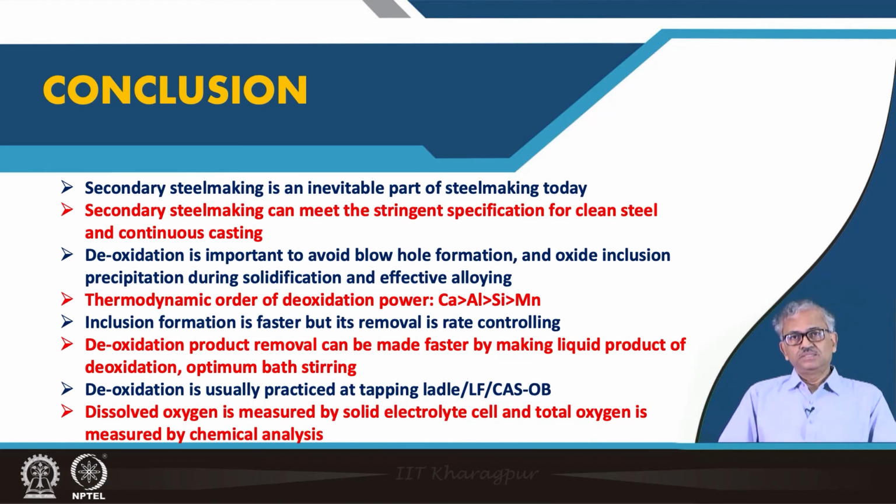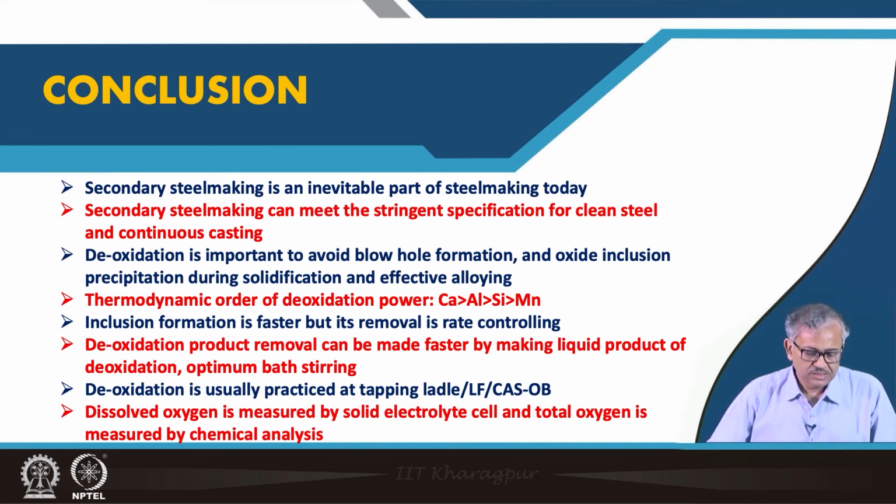So you can utilize the alloying element as well as the deoxidant more economically. Otherwise, a lot of deoxidant can be consumed by interaction with the atmosphere. Okay, so those things are there, and CAS-OB we will also discuss later on.